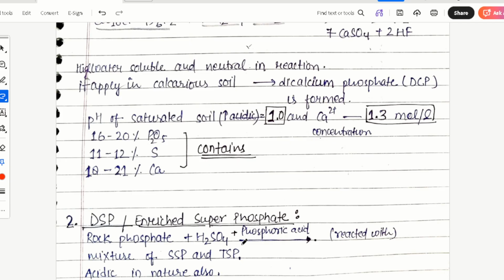So there is 20 to 35% P2O5, 7 to 9% sulfur, and 16 to 10% calcium.